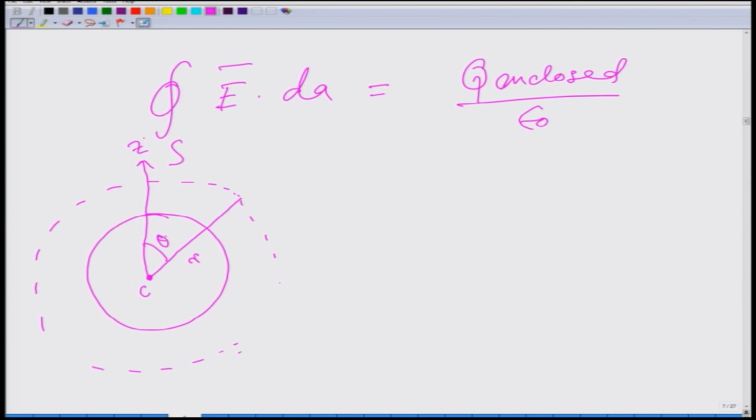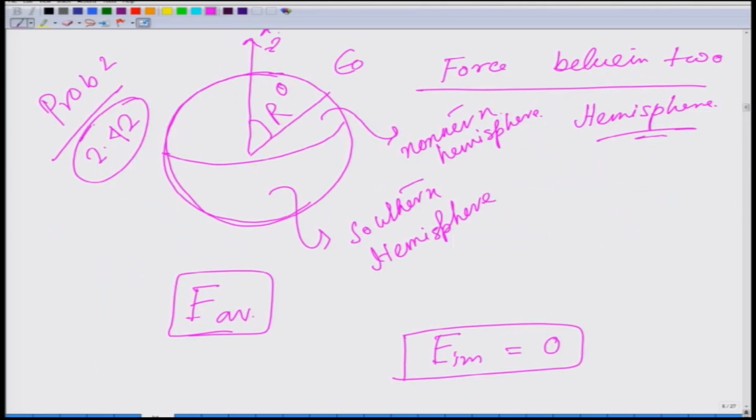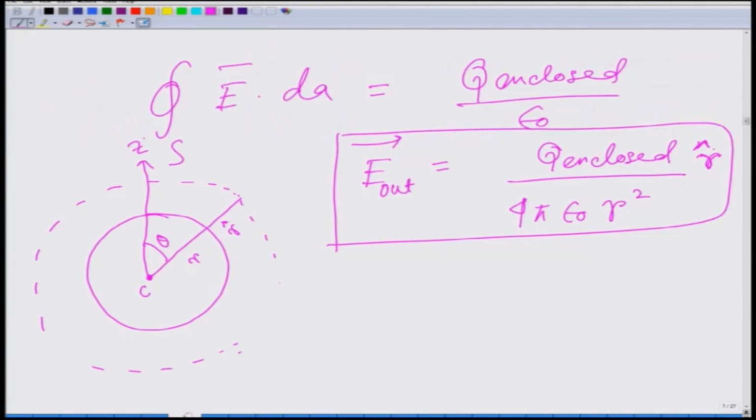I take a sphere and write E is Q enclosed by 4 pi epsilon naught r square. This is my E out, and as a vector it will be along the radius r. Now from the knowledge of E in and E out, you can find E average.